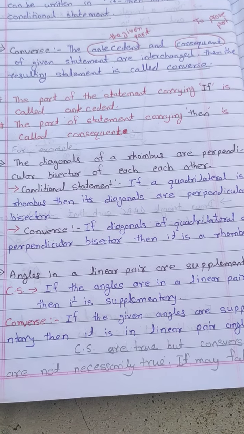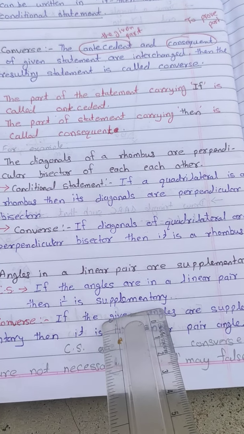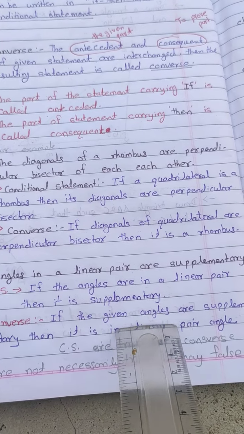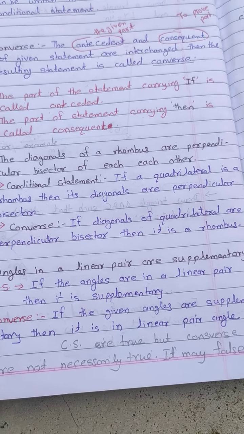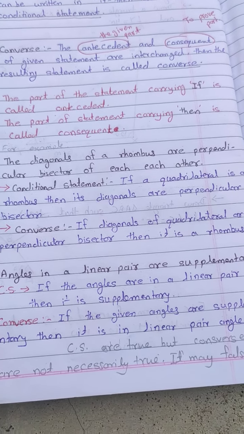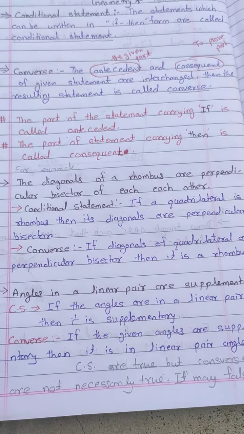In the converse we learned they are interchanged, so we write this line first: if the given angles are supplementary, then they are a linear pair. So this is the conditional statement and converse statement.